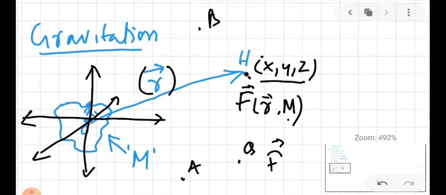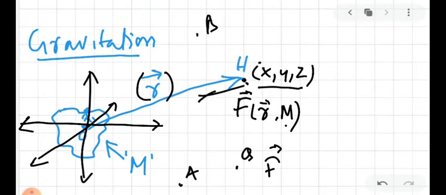So all this force does is it tries to attract you towards the body. Whenever it attracts you towards the body, it's actually happening naturally. And also, as you move towards the mass, any object kept at any of these points, when it starts moving towards the body, what happens?